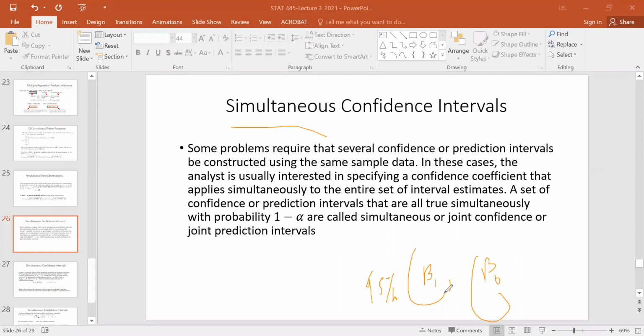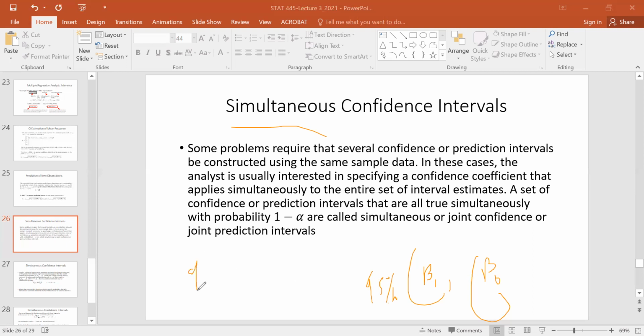Remember we can do separate ones, 95% for beta 1, and we conclude that in 95% of the cases the interval covers beta 1. Fair enough. Can we have intervals where we are sure that 95% it is true for beta 1, and 95% it is also true for beta 0? It turns out that if you were to do separate 95% and separate 95%, it may not be true that jointly it is 95% true that these intervals cover beta 0 and beta 1.